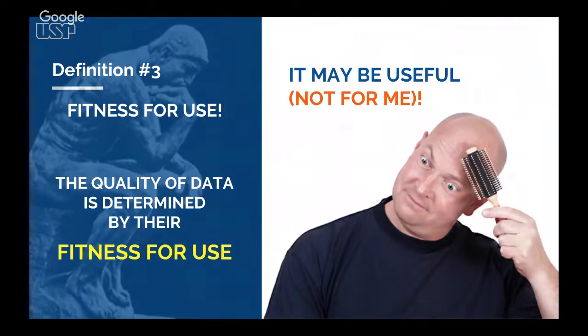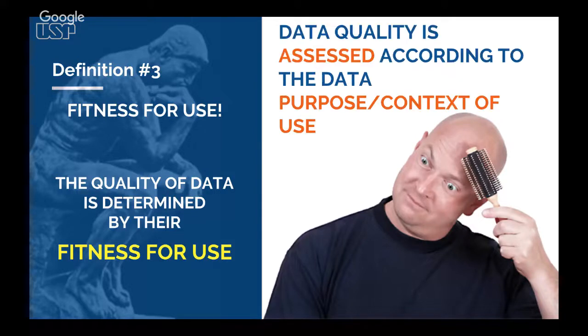So this is another definition that is more general and I think is more suitable. It says the quality of data is determined by their fitness for use. Some data may have quality for some purpose, but maybe for another purpose it doesn't have quality. So we always assess the quality of data according to the data purpose, the context of use of this data.